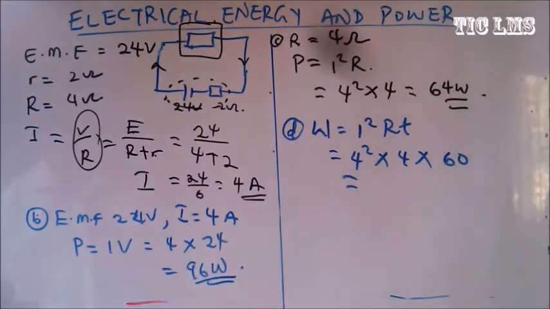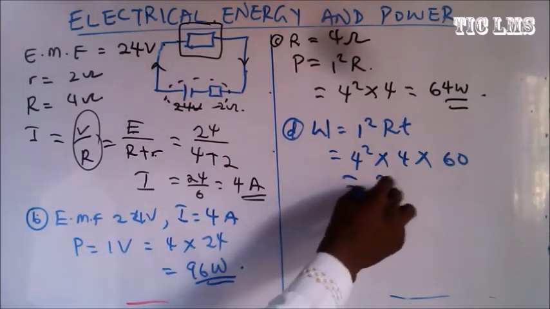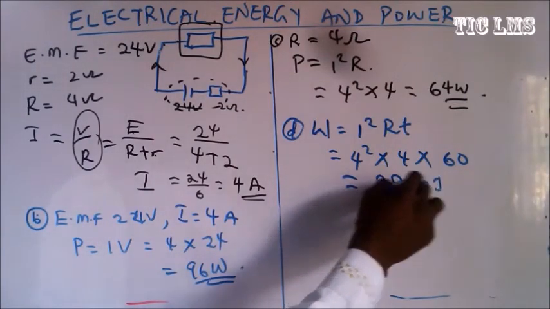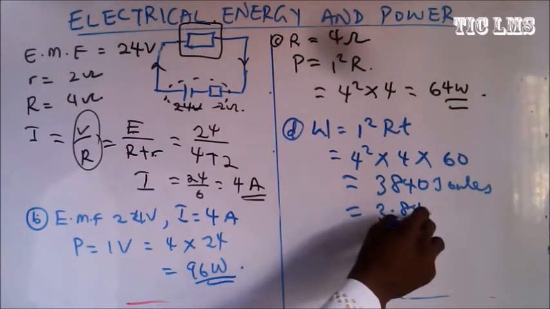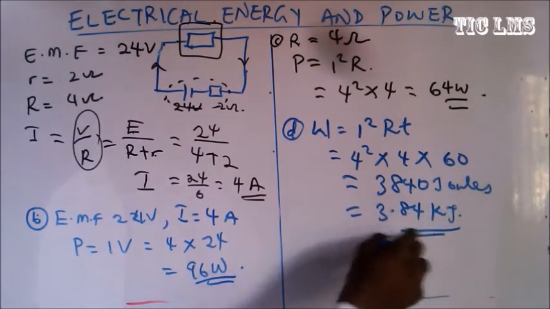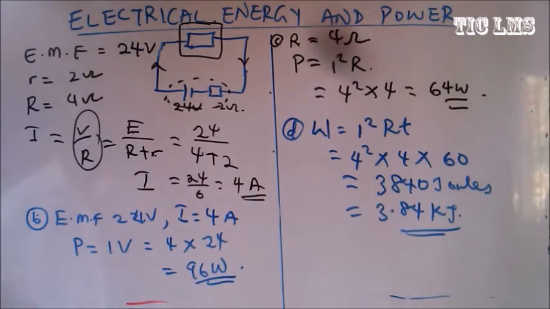And so when we multiply all this, we will have 3,840 joules, which is the same thing as 3.84 kilojoules, which was gotten by dividing this 3,840 by 1,000.